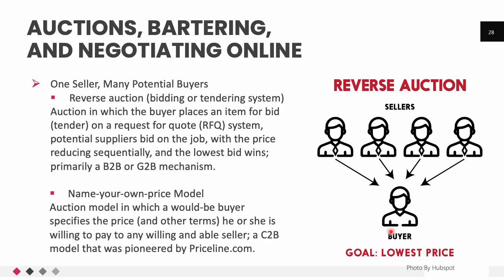And the reverse auction is where one buyer needs something. For example, a company needs 500 laptops, and there are a lot of sellers out there. They compete by offering lower prices, and the winner is the lowest bidder.